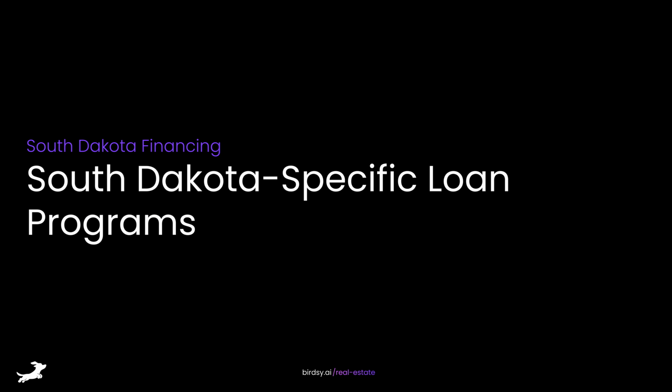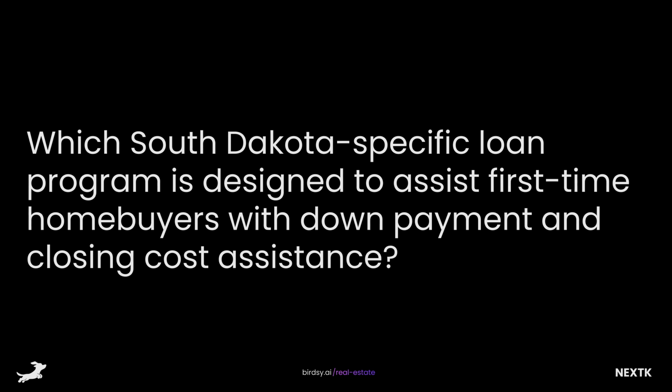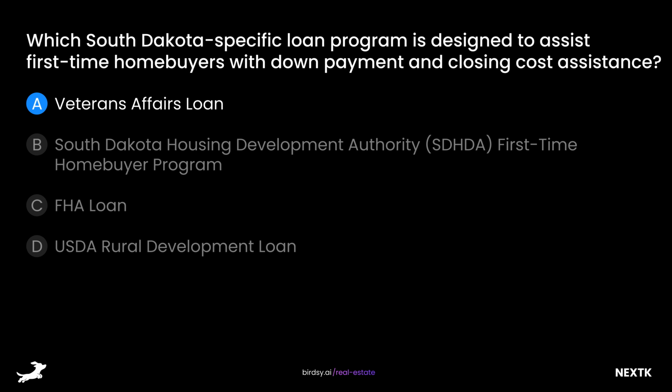South Dakota-specific loan programs. Which South Dakota-specific loan program is designed to assist first-time homebuyers with down payment and closing cost assistance? Is it A, Veterans Affairs Loan, B, South Dakota Housing Development Authority First-Time Homebuyer Program, C, Federal Housing Administration FHA Loan, or D, USDA Rural Development Loan?